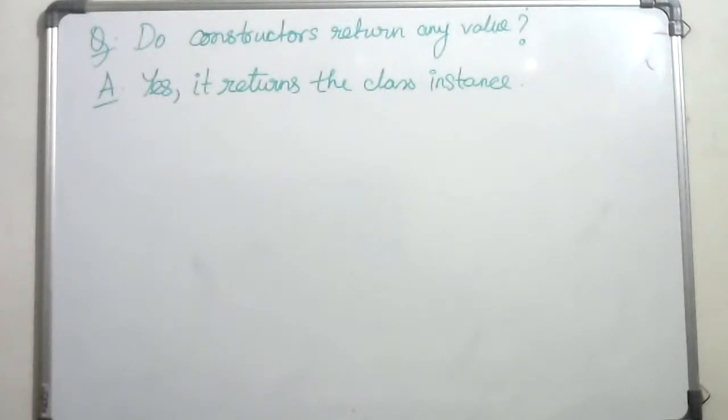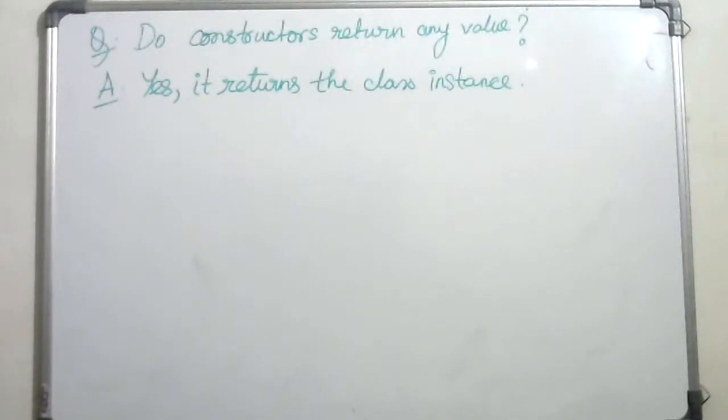So constructors do not have a return type. So if you do not actually know the answer, you would think that constructors do not return any value, but that is not the case. Constructors do return values. Although they are not permitted to have a return type, they do return values. And that value is nothing but the class instance or the object that called the constructor. So why is it this way?